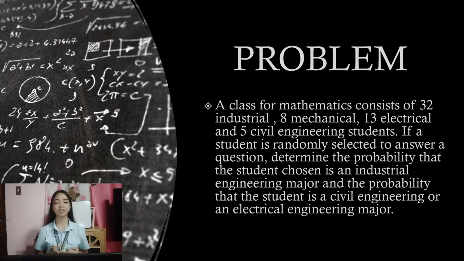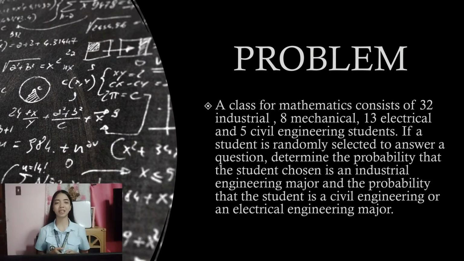If a student is randomly selected to answer a question, determine the probability that the student chosen is an industrial engineering major, and the probability that the student is a civil engineering or an electrical engineering major.